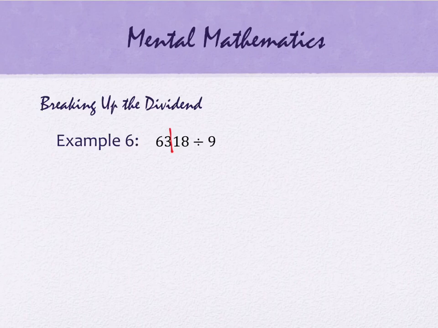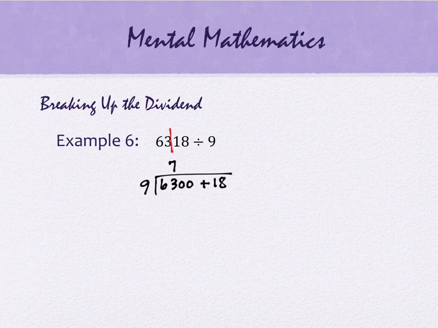So if I think about it like this, we can write it as 6,300 and 18, divide by 9. How many times does 9 go into 63? It's 7.